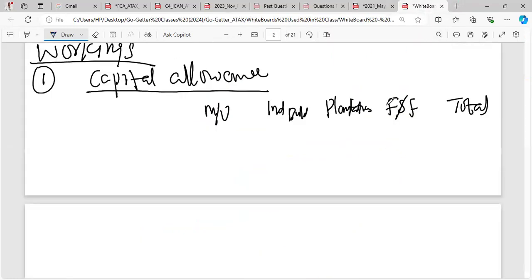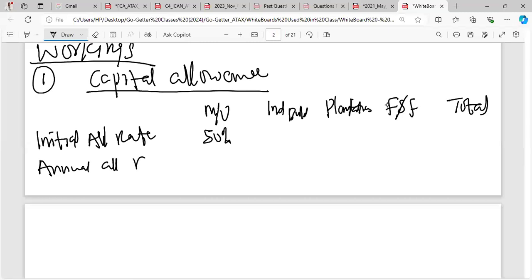You will be given these. Here is the initial allowance rate, which is 50%. This is the annual allowance rate, which is 25%.